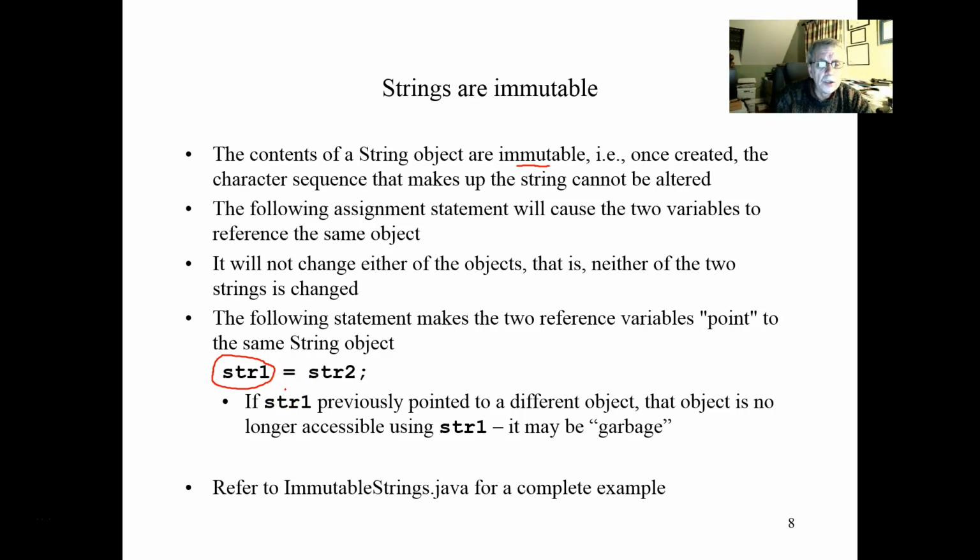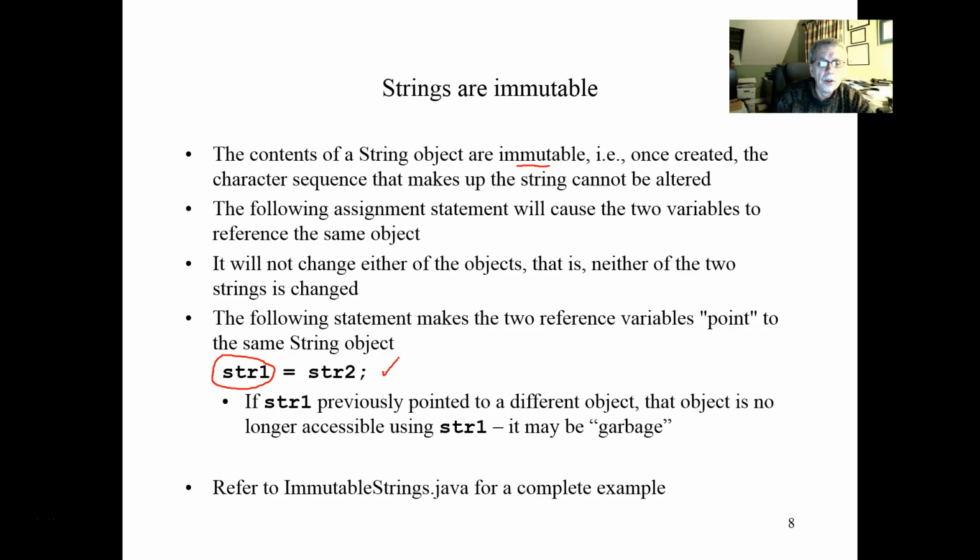But it also raises another interesting concept. str1 previously might have been pointing to another object somewhere in memory. But after this instruction executes, both str1 and str2 contain the same reference or address or pointer. They're now pointing to the same memory location.